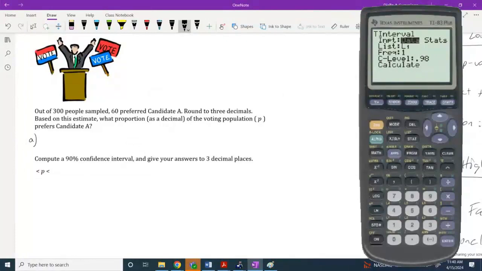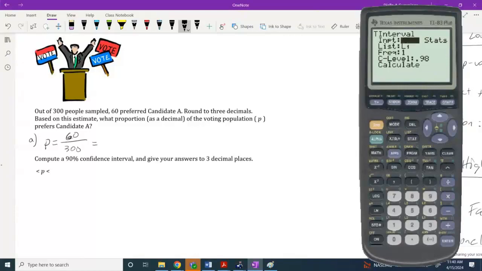It's not really print friendly, as it kind of guides you through the answer. So it wants the proportion of the voting population that prefers candidate A, and I'm simply going to make a fraction. The part of people that prefer candidate A is 60 divided by all of the people in the sample, which is 300.